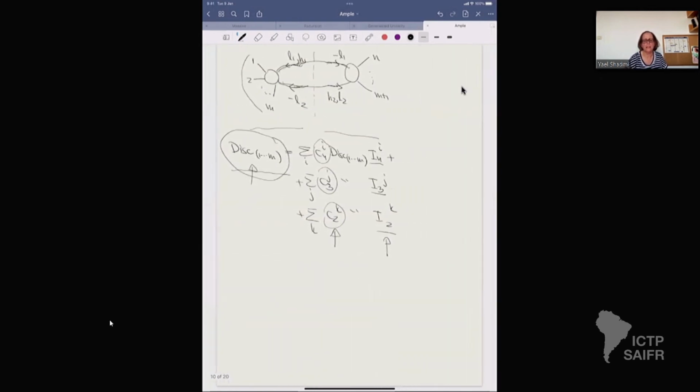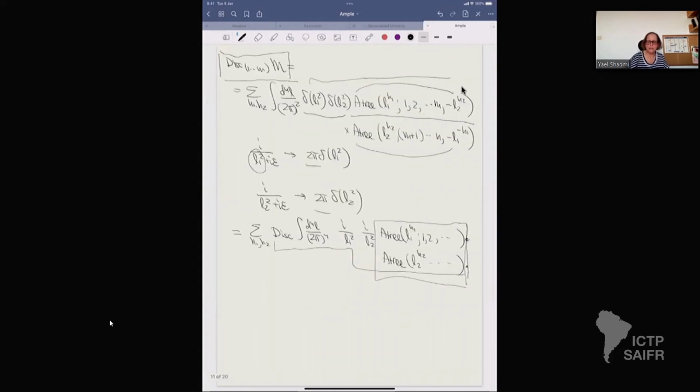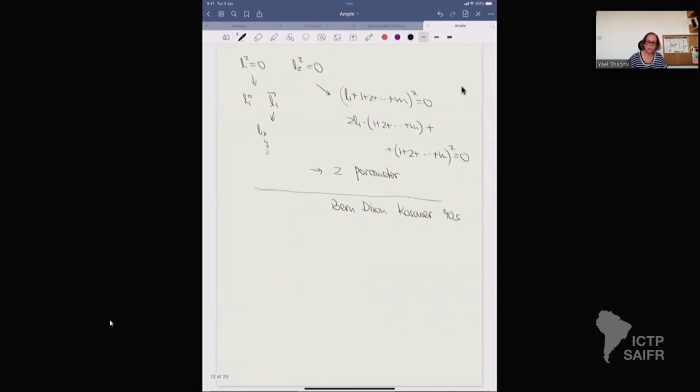Here we just cut 2 propagators, but we can also look at the discontinuities that arise when you cut even more propagators. So remember, each propagator has the form L squared plus i epsilon. And so when this L squared goes on shell, we're going to get a discontinuity, which is 2 pi i delta of L squared.